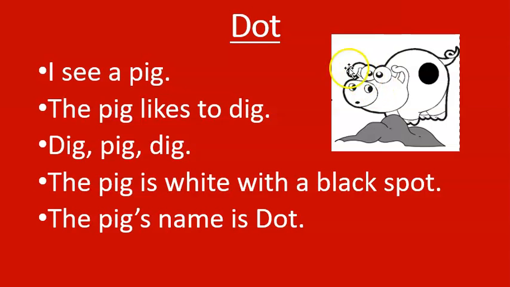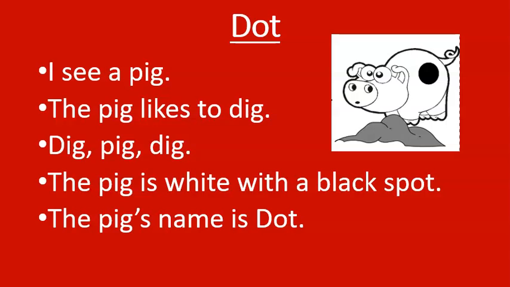This pig is going to correlate with our title that we're going to read in a bit. As the days progress, we're going to add in each sentence. We're going to break it apart and blend the sounds back together to make a word. Pay attention and keep your eyes on your screen.